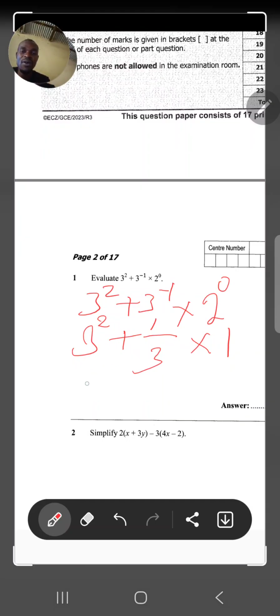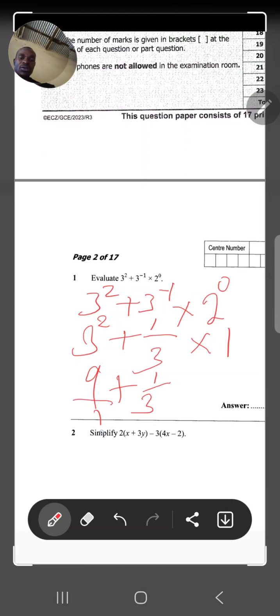So 3 to the power 2 gives us 9. 3 to the power 2 means the same as 3 times 3, plus 1 over 3 times 1, which is 1 over 3.